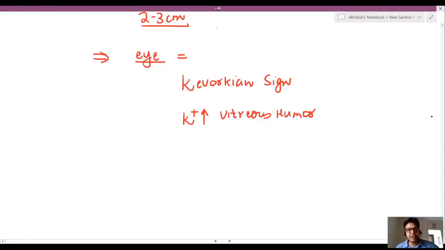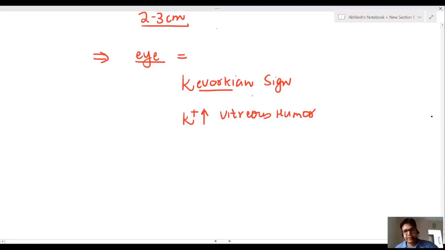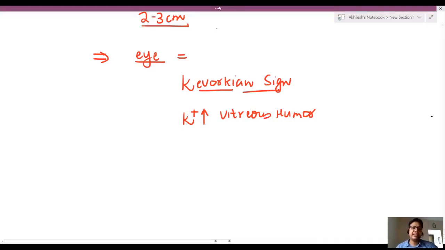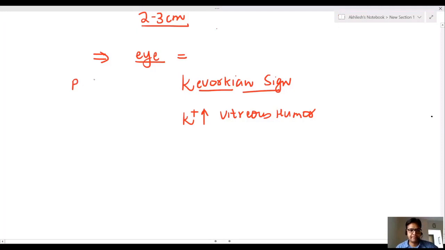This question comes in exam. Kevorkian sign is retinal vessels fragmentation.